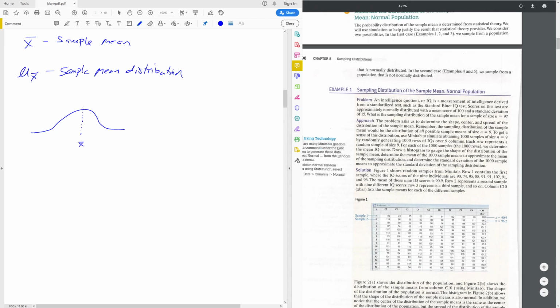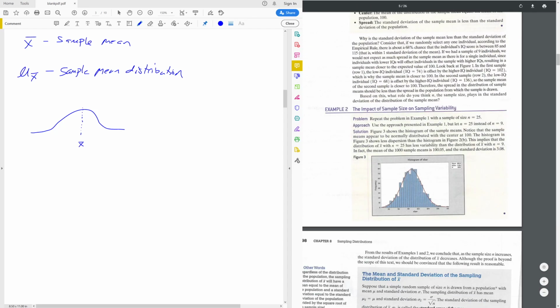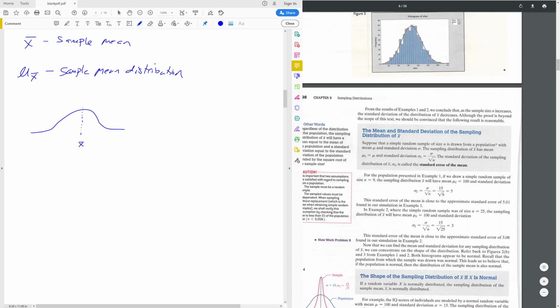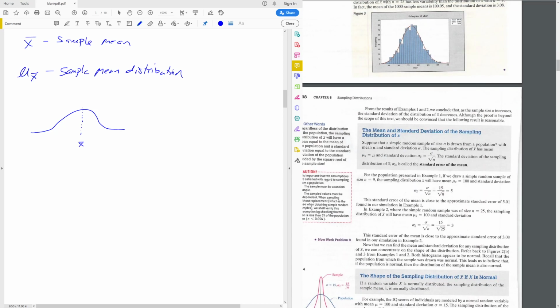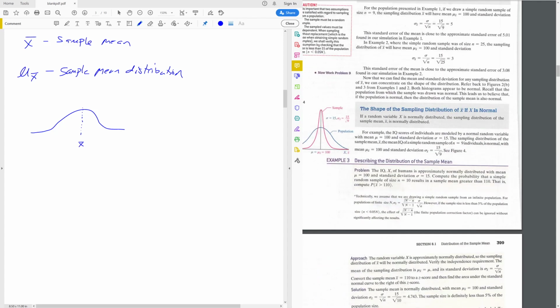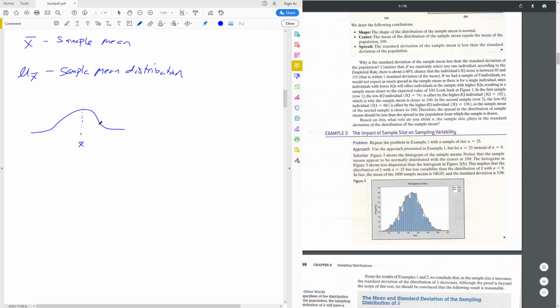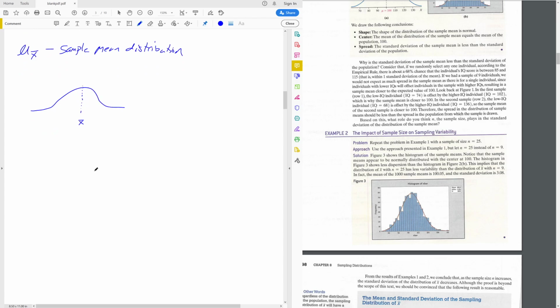So this is the idea called, and I'm skipping down a lot of this, but I'll come back to it. This is an idea called the central limit theorem, right? And I think it's something we've talked about before. If the sample size increases, we get closer and closer to the actual population parameter.